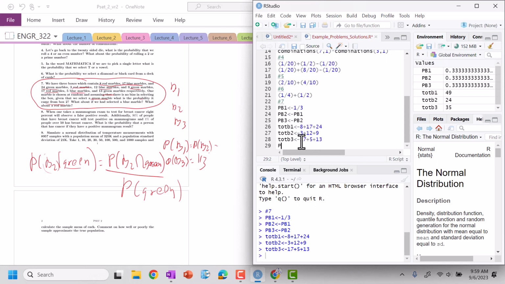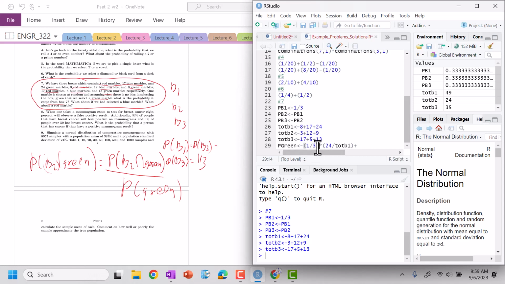All right, so first, let's calculate the probability that it is green. My probability of green is going to be, first of all, the sum over all three boxes. They each have a third probability, so I first have a chance to pick any of those boxes. Then I need to multiply by the ratio of the green marbles. In the first one, I have 24 divided by tote B1.